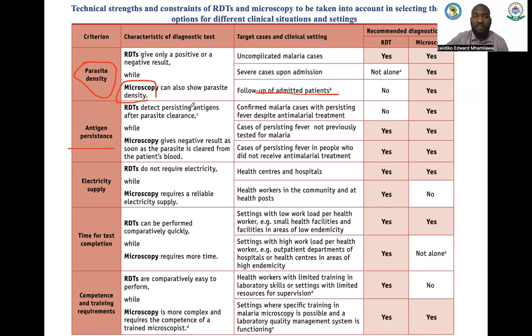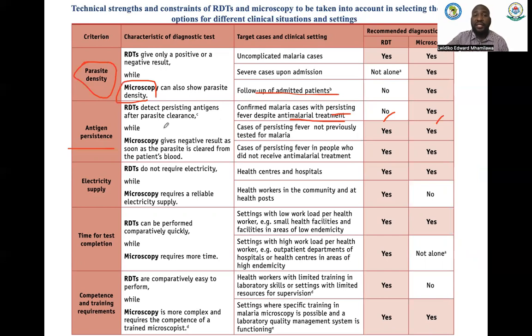In confirmed malaria cases, where you have persisting fever despite malaria treatment, you can't use a rapid diagnostic test, because you will only get a positive test. Again, the test will still be positive because it's measuring the antigen. But then you will need a microscope to identify whether or not there are parasites you can see.